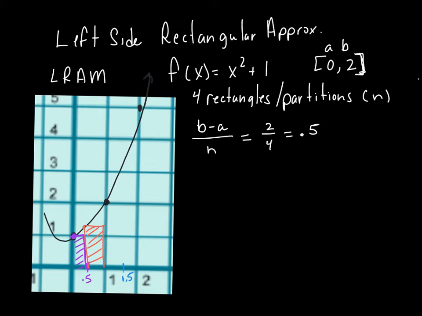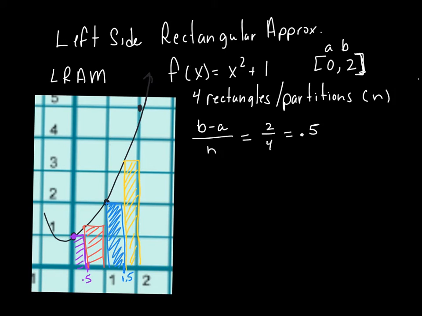And again, 1.5, but I'm coming from the left-hand side. So all of these are definitely smaller than what we had on the right-hand side. And then the last one, coming from the left side and going over to 2. So these are the rectangles that I'm looking for here.